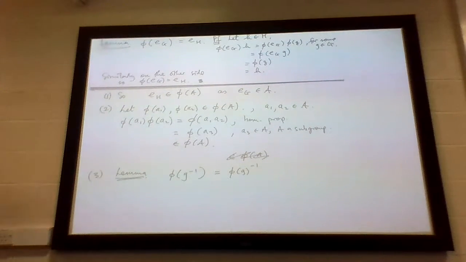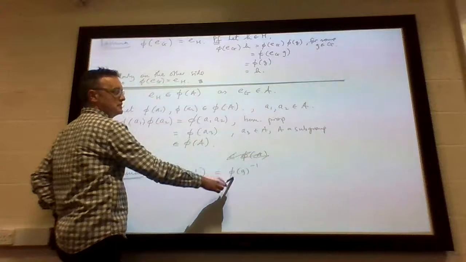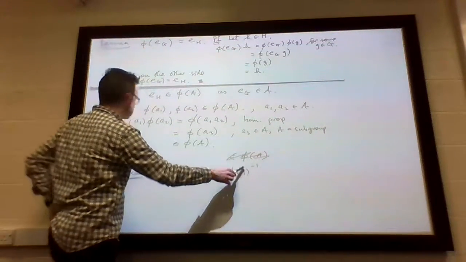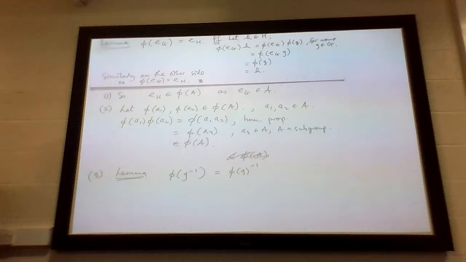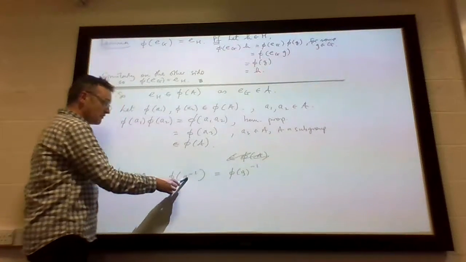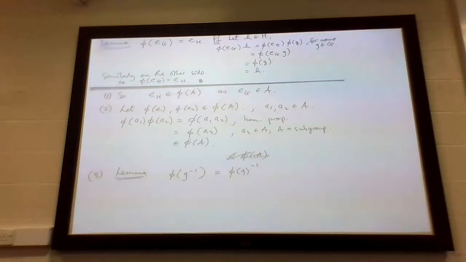So the inverse of an image, phi of g, the inverse of that, which is an inverse element over in H, is the image of the g inverse over here, which is the inverse of that g. It's extremely succinct, just the inverse moving in and out of the argument, just as our power can move in and out of the argument. Strictly speaking, what I was talking about here was only positive powers, because I was talking about actual products of elements.